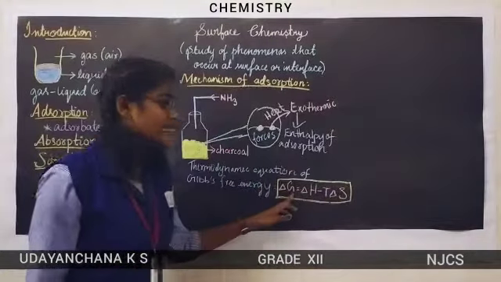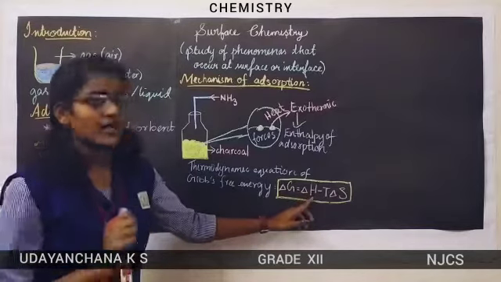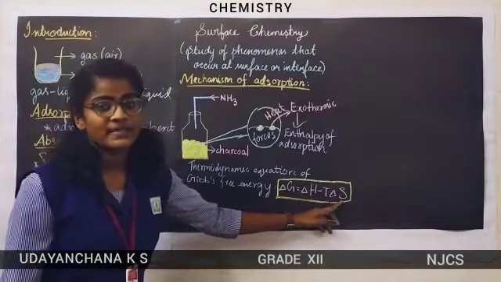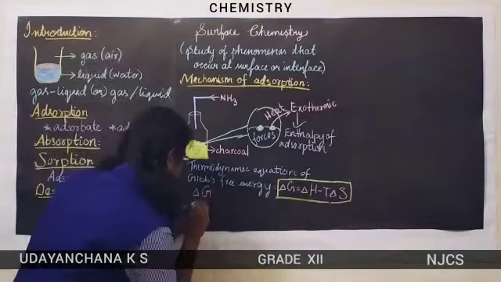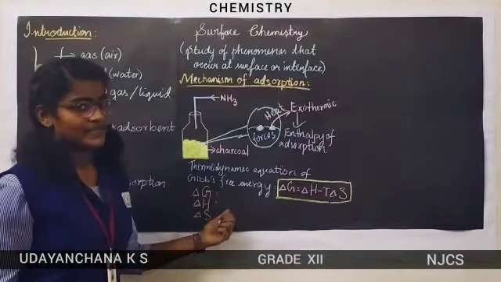We all know that del G means change in Gibbs free energy, del H means change in enthalpy, and del S means change in entropy. As more heat is liberated, the enthalpy is highly negative.